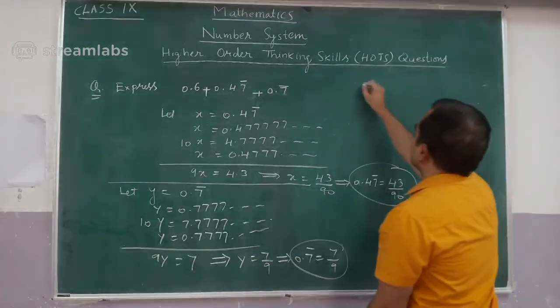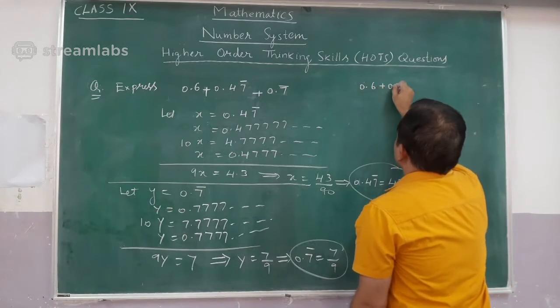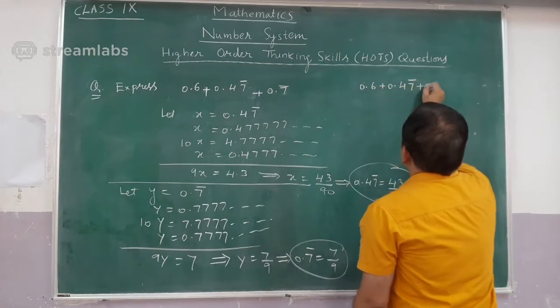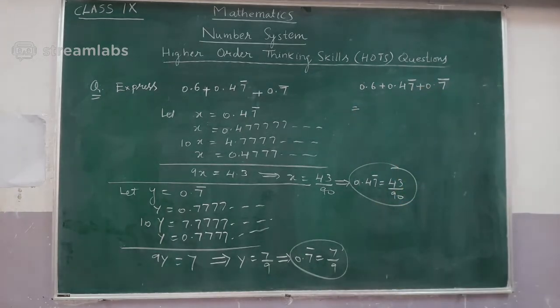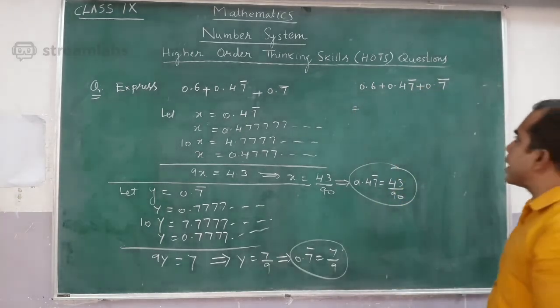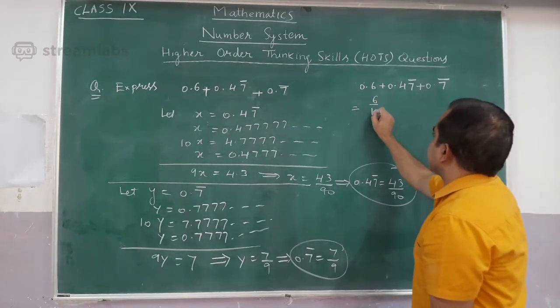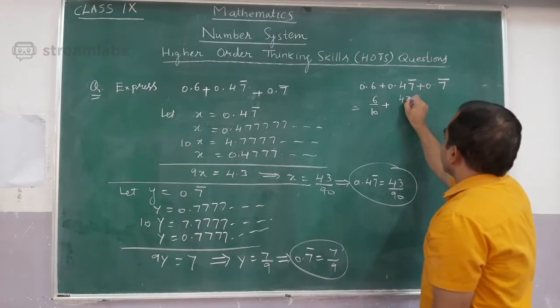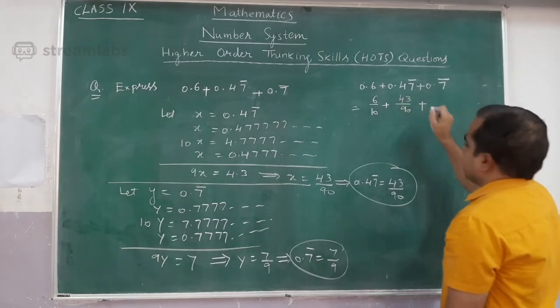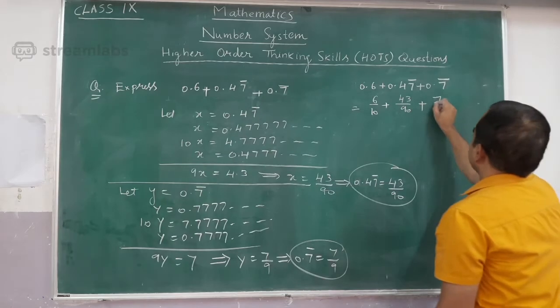So this value will be equal to 0.6 plus 0.47 bar plus 0.7 bar. Let's write all three terms in the form of fractions. This is going to be 6 by 10. This number we already found, 43 upon 90, and this value is 7 by 9.